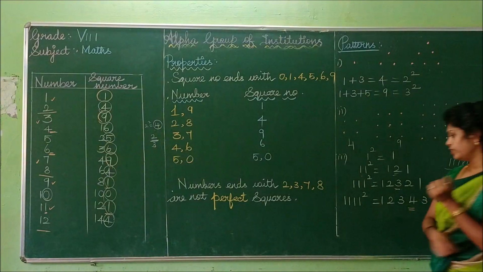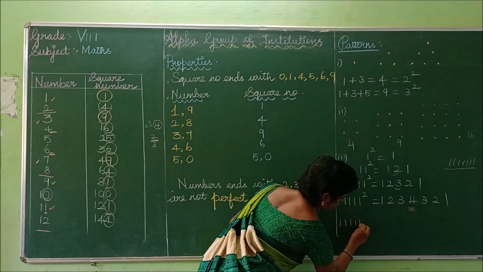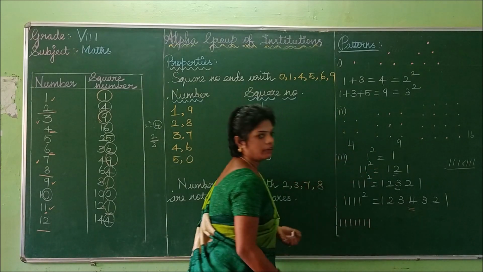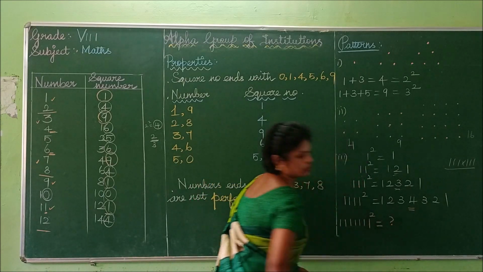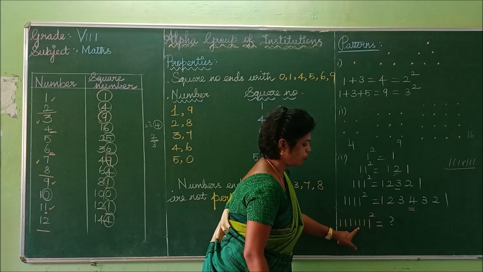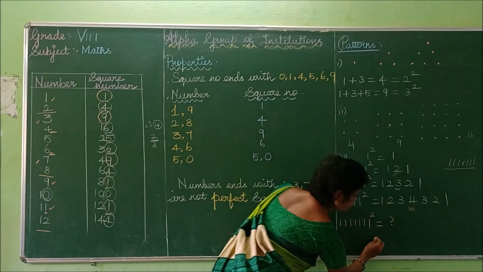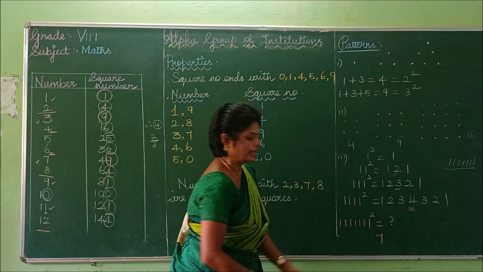So if I give you one question, 1111111, if it is 7 ones squared, how can you calculate? You have to count the number: 1, 2, 3, 4, 5, 6, 7. So put 7 here, and reduce the value on the left hand side as well as the right hand side.